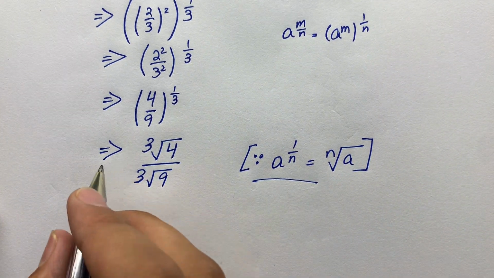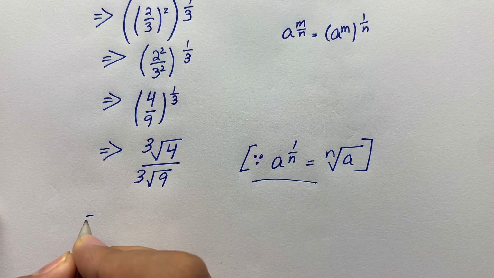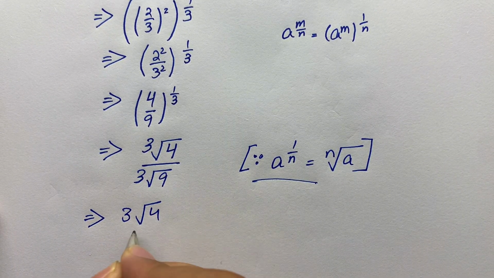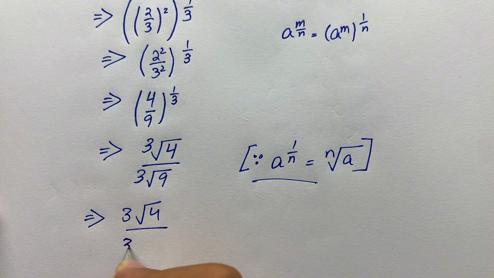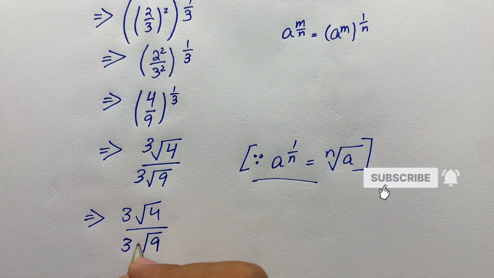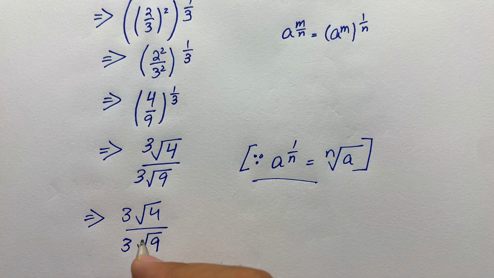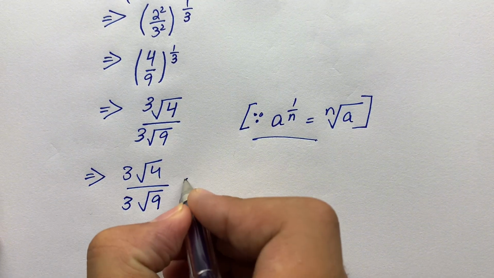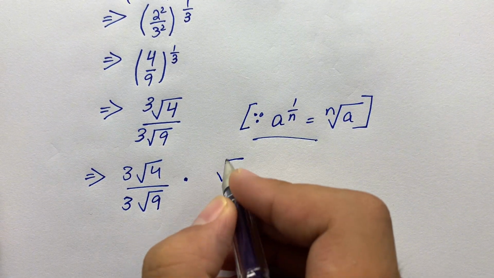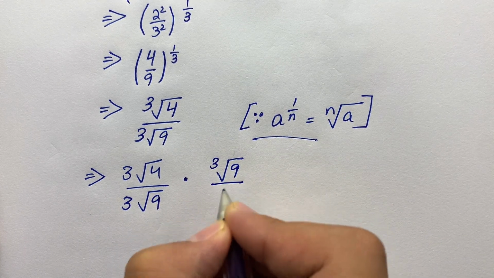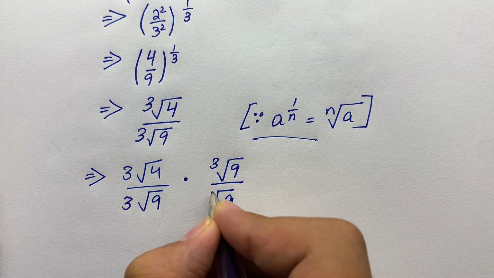So in next we are solving 3 in... next this into 9 into 3 divided by 9 into 3.